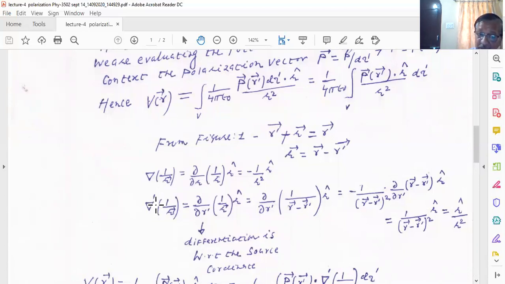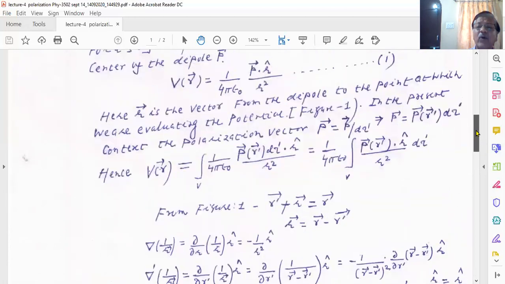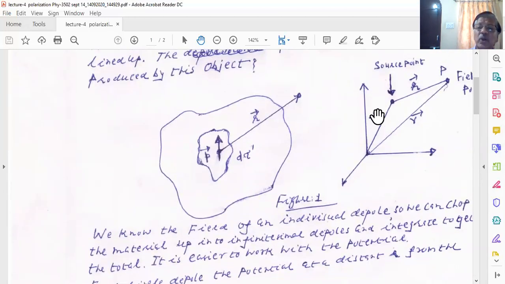But with del prime, you differentiate 1 upon r with respect to the source coordinate, that means with respect to r prime, not r. This r prime I have mentioned in the figure as the source coordinate.